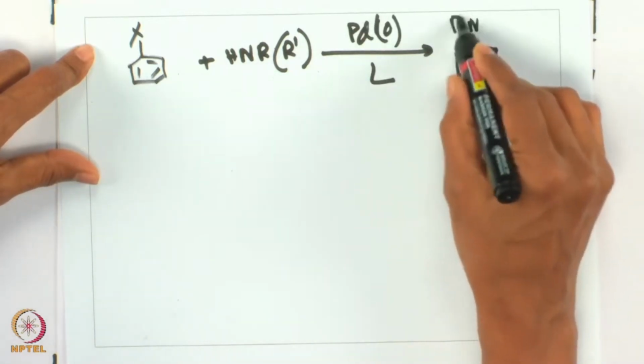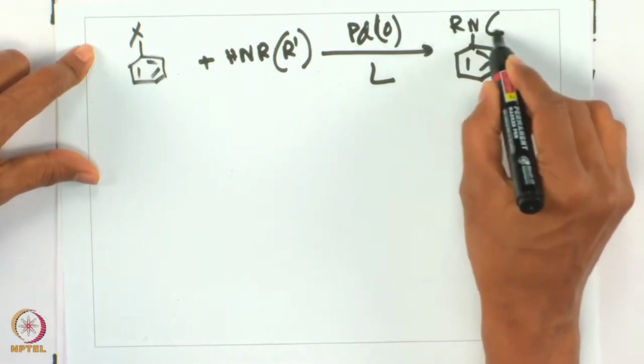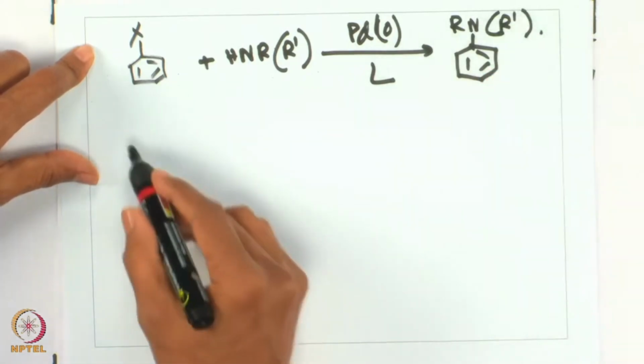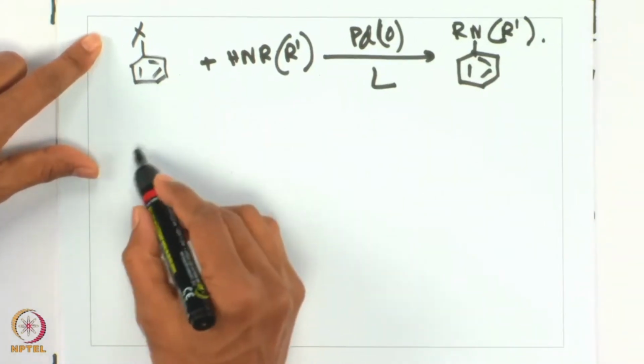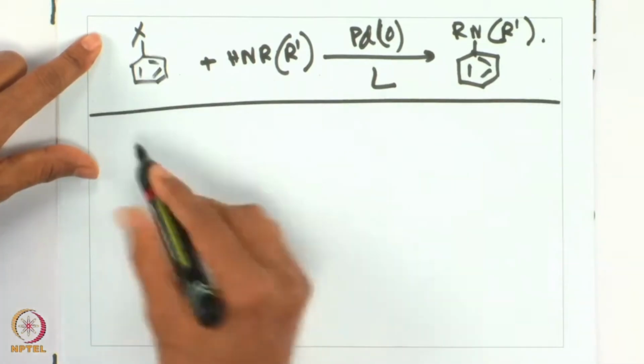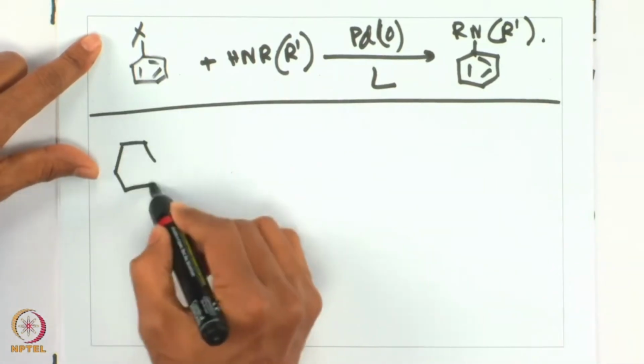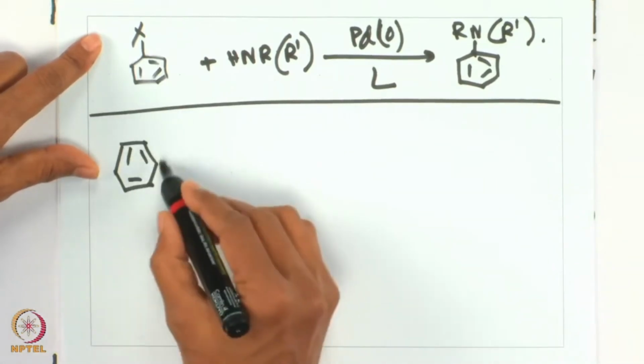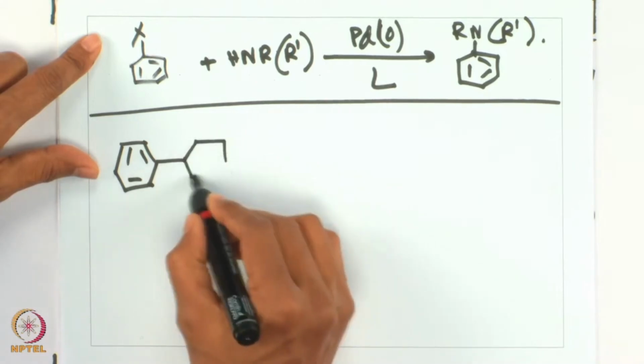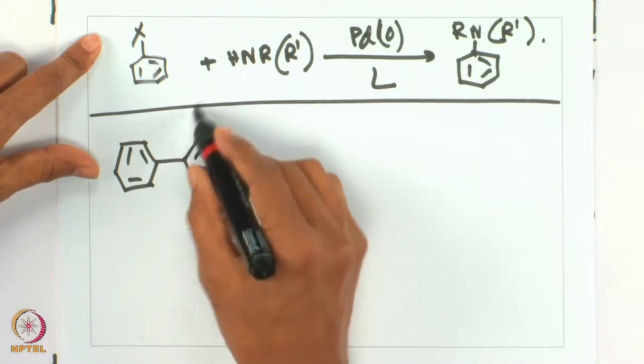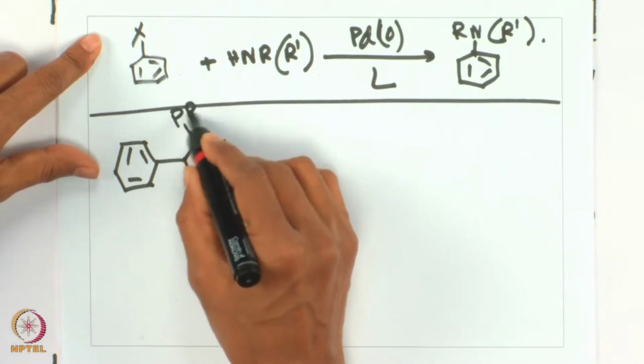What we get is Ar-N, R and R prime, this is the species. The ligand that is one of the most popular, we are now going to draw different ligands that might be involved. So, today's class will be mainly ligand centric, how the ligand is participating in the catalytic cycle.